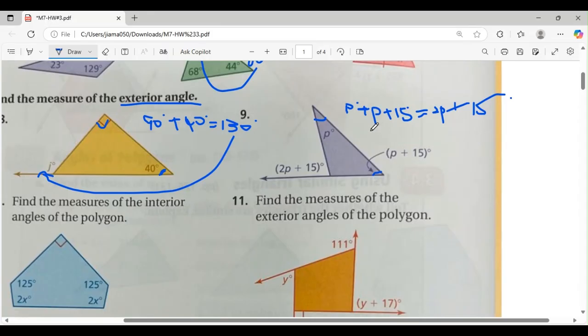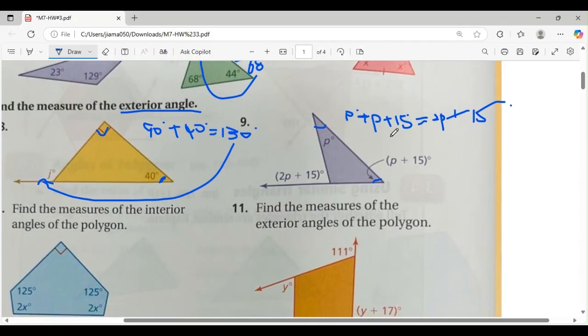So 2p plus 15 degrees equals 2p plus 15 degrees. Next, 4p equals 30 degrees. P equals 7.5 degrees.